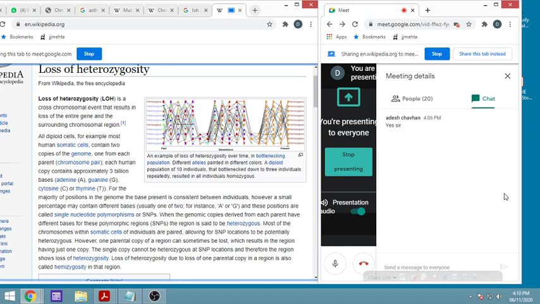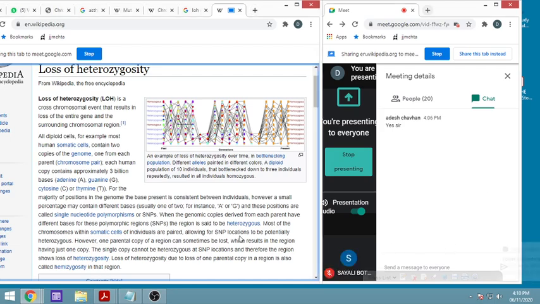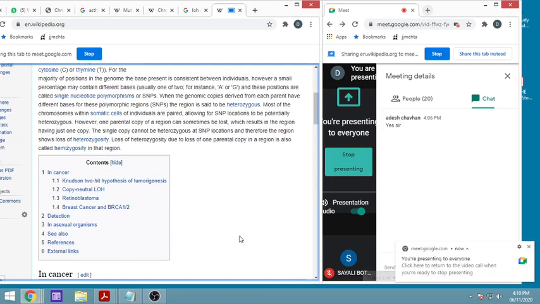Since there was a difference in the sequence for the common protein, the protein was common, but still the sequence is different. So we call it heterozygous. Heterozygous will occur only when there are two copies. But when one copy is not there, one copy has been lost, that is called loss of heterozygosity, or LOH. And it has been found in certain diseases.